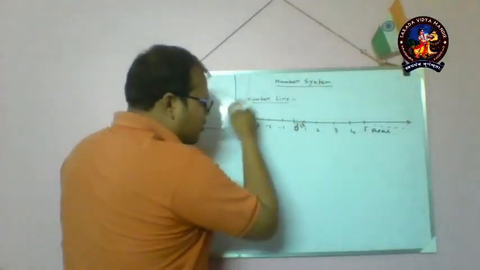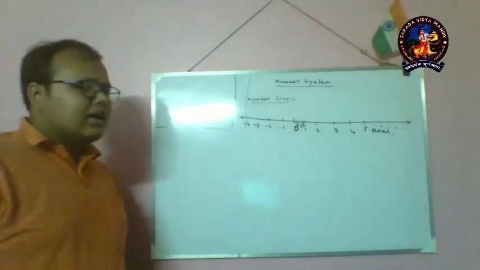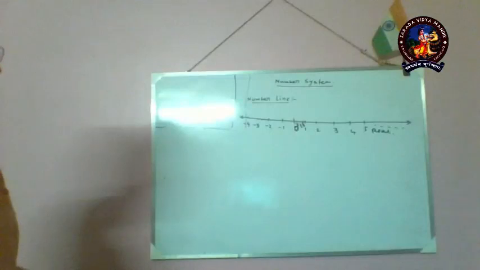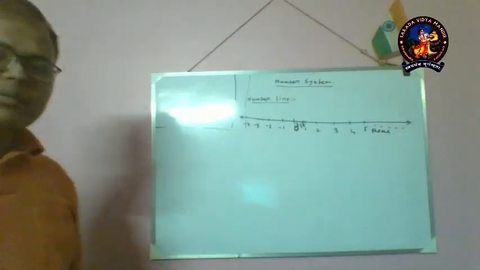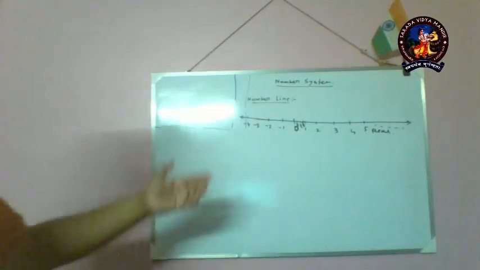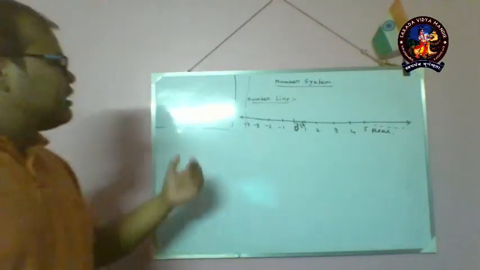Now all these numbers together are called rational numbers. So real number contains the rational numbers. What is rational number? The integers, along with the 0, negative of the natural numbers and natural numbers, all together is the integer, and along with the fractions all together are called rational numbers.